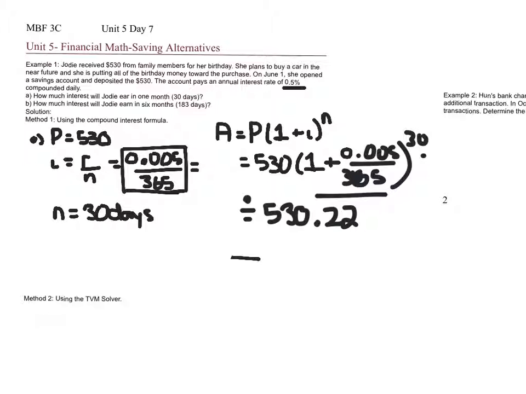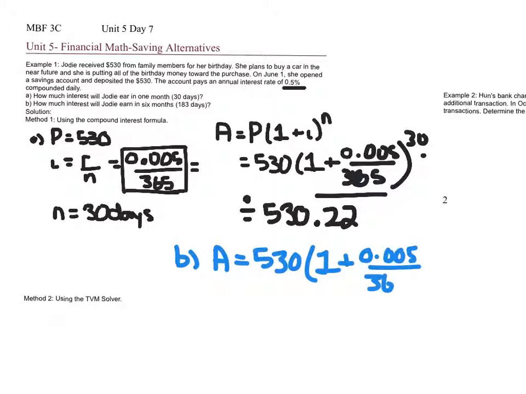So let's look at what would happen if it was 183 days. We're going to essentially use the same formula for question B. We know that the initial amount deposited is 530, right? We know that the interest rate is still compounded daily, so 365 days in a year.